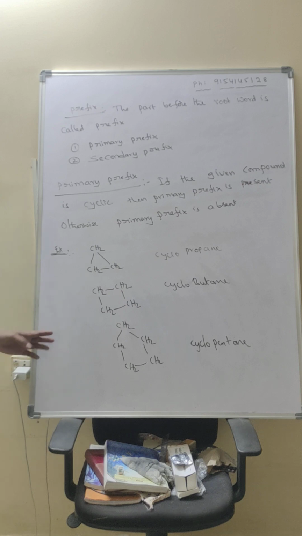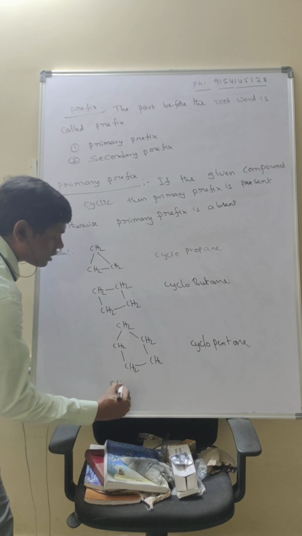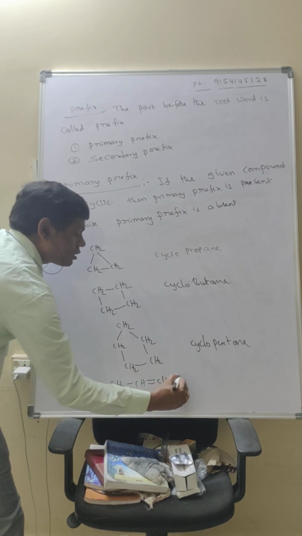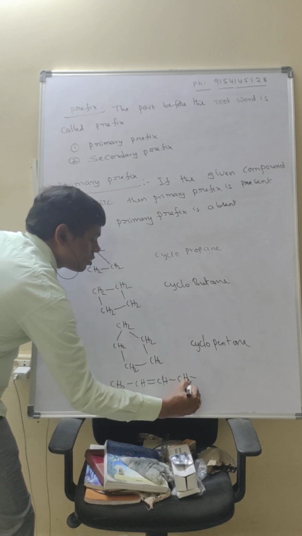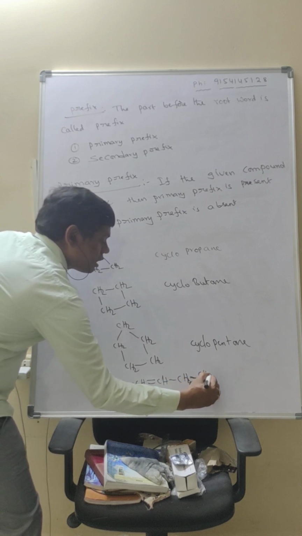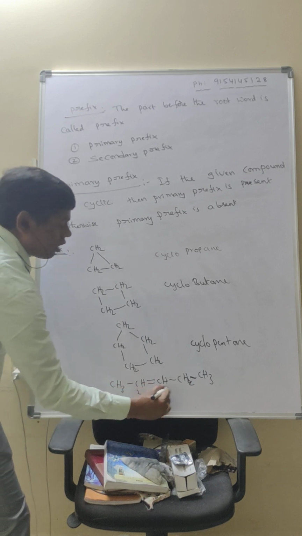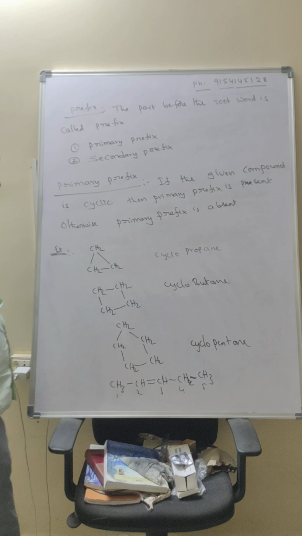If any compound is not a cyclic compound, like CH3, bond CH, double bond CH, bond CH2, bond CH3, how many carbons are there? 1, 2, 3, 4, 5 carbons are there.